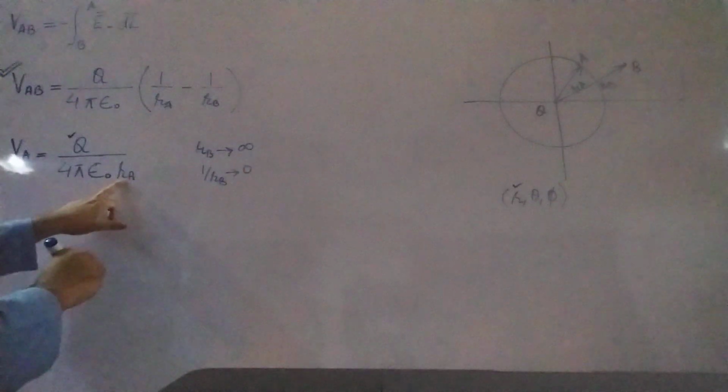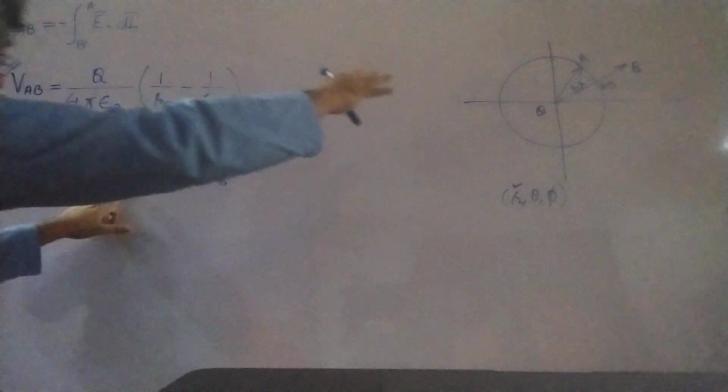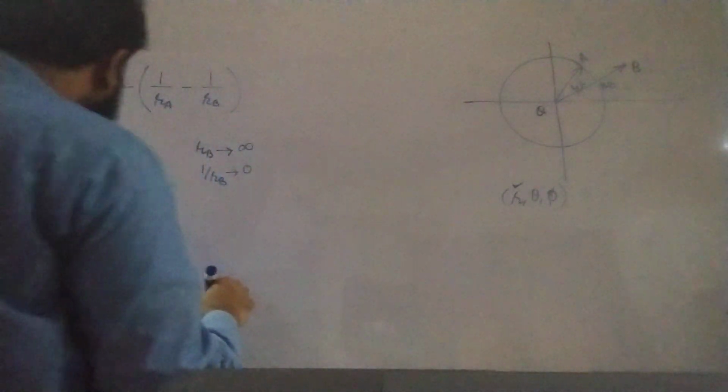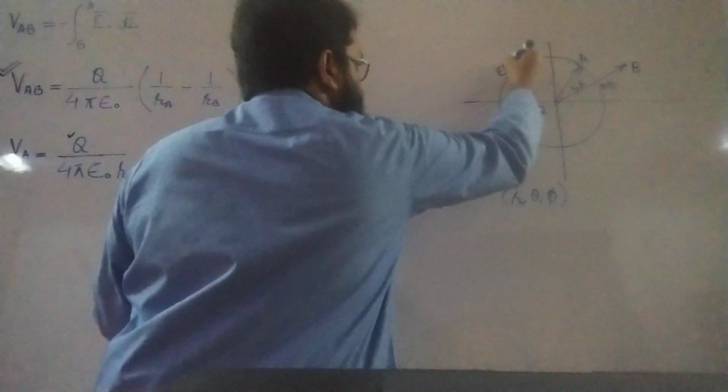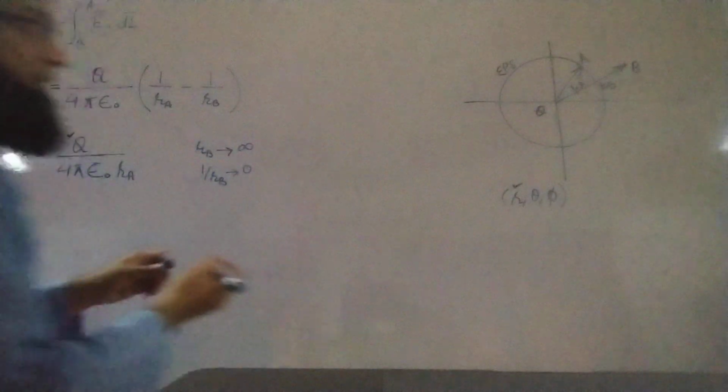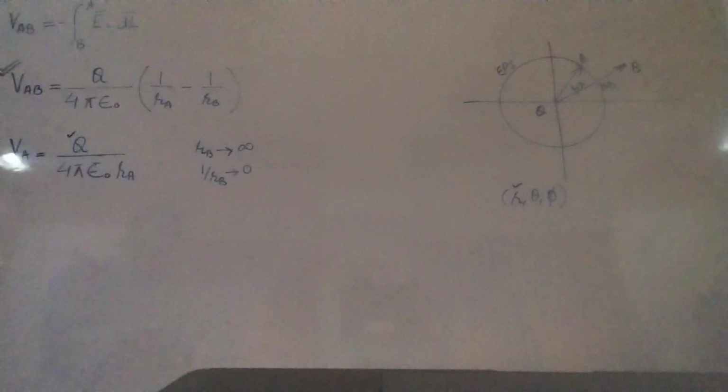So keeping RA constant in a spherical coordinate system in this scenario gives us a sphere, which is also an equipotential surface.